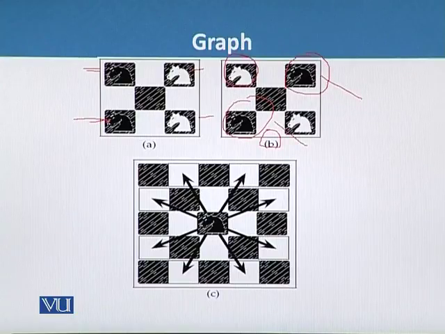Always it happens. And when it is on the white block, then after moving it will land on the black block. So if the white horse is on the black and the black is also on the black, they cannot go on the same block. They should move on different blocks.